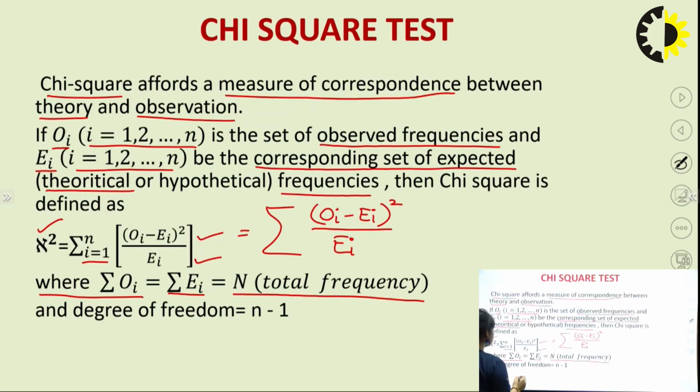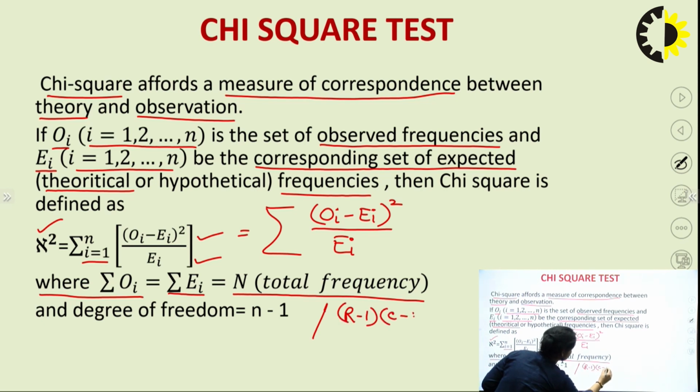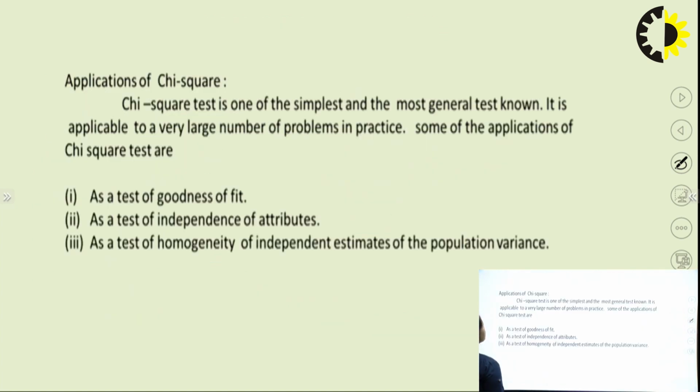If it is a two-way test, then degree of freedom is given by (number of rows minus 1) into (number of columns minus 1). We will elaborate it further in coming slides.